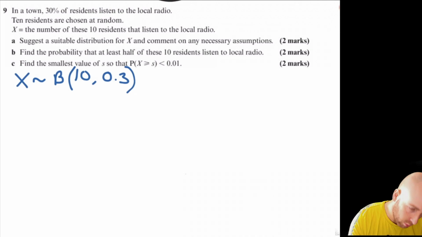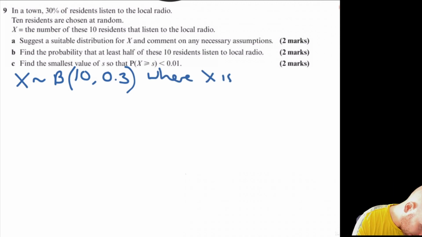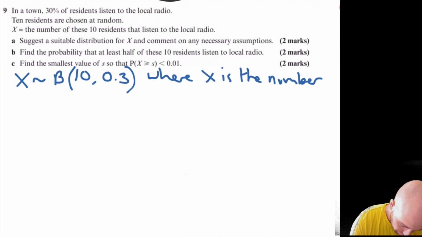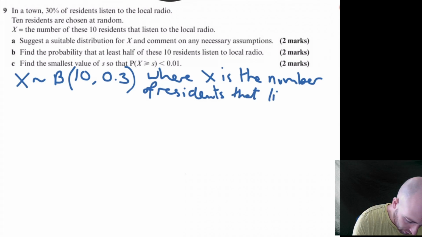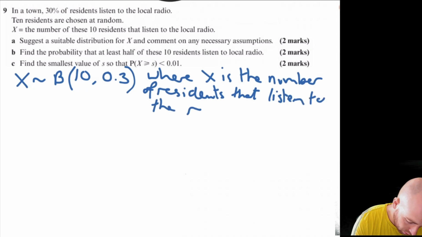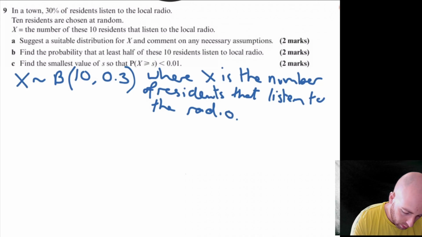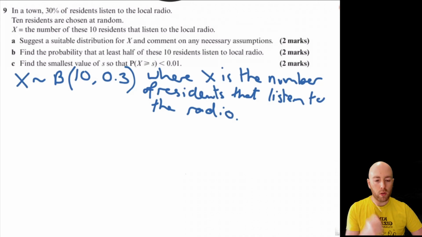So we also want to describe what x is, where x is the number of residents that listen to the radio. So you ought to always describe what the variable actually is as well.